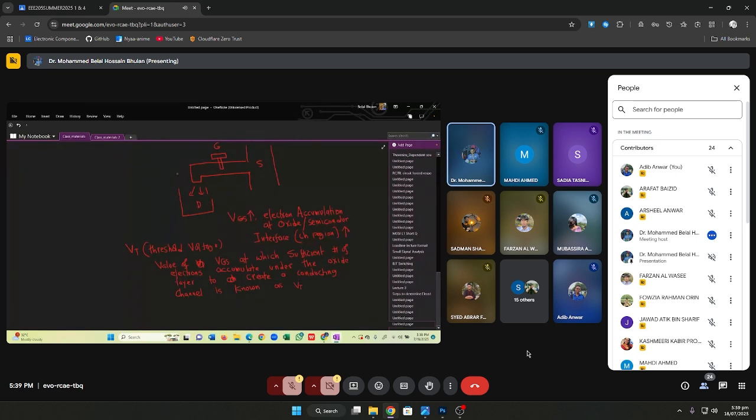That means the value of VT at which it will be conducting.